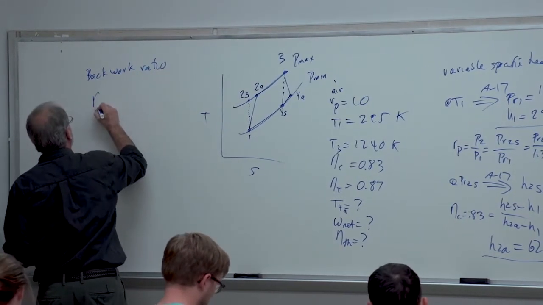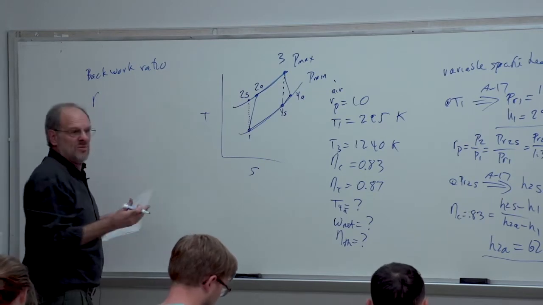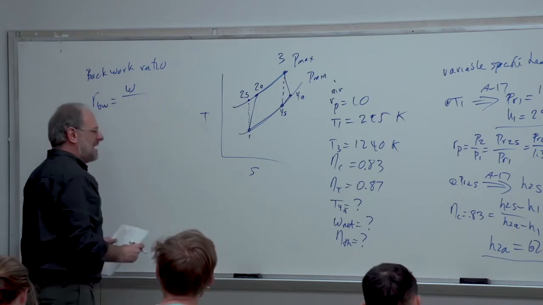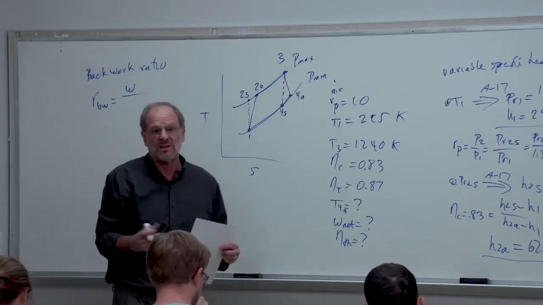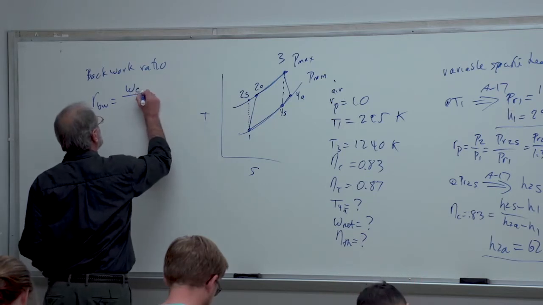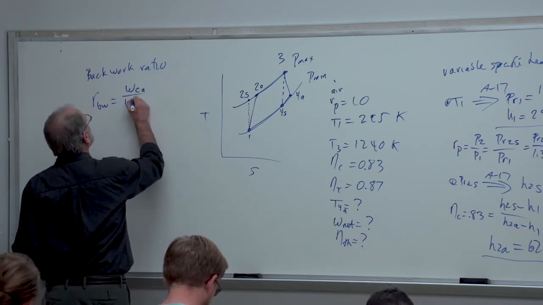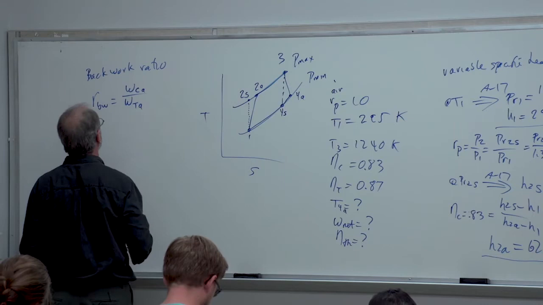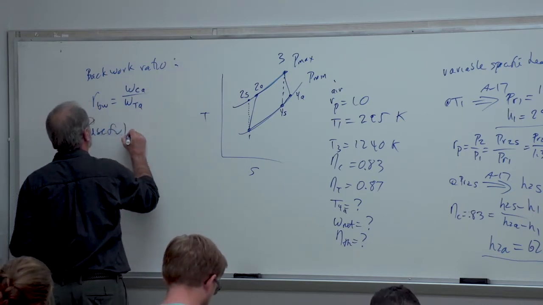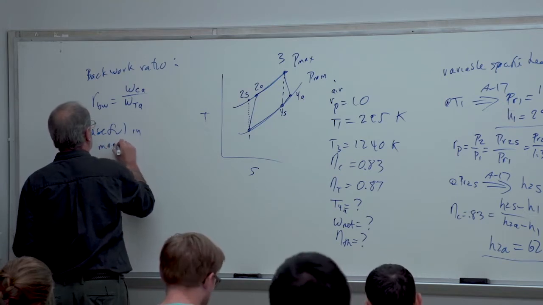So this is just R with the subscript BW for back work. This is simply defined as a ratio of the work that's required by the compressor over the work that is produced by the turbine. So this is the actual compressor work divided by the actual turbine work. This is a useful parameter in many problems.